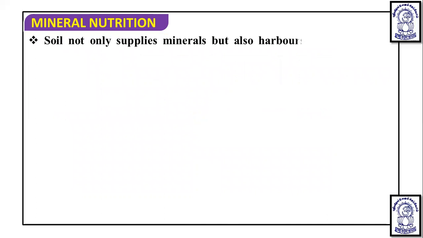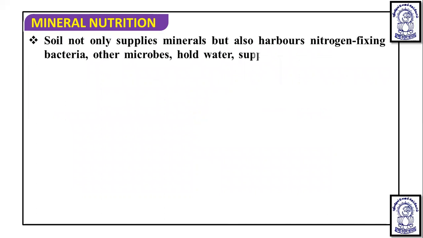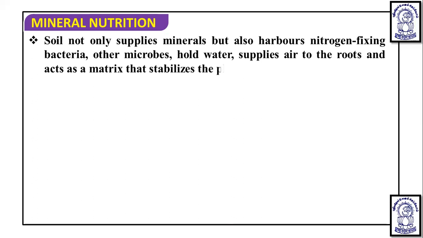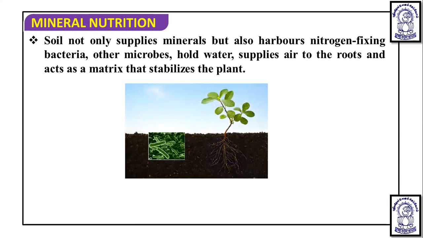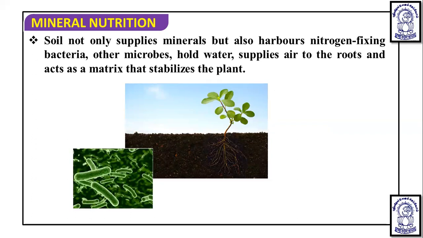Soil not only supplies minerals but also harbors nitrogen fixing bacteria and other microbes, and holds water, as a reservoir of water for plants. It supplies air to the roots and also acts as a matrix that stabilizes the plant. Okay, so these are the important roles of the soil.